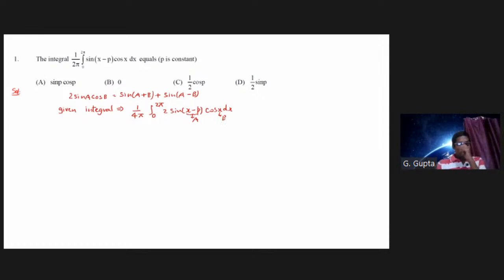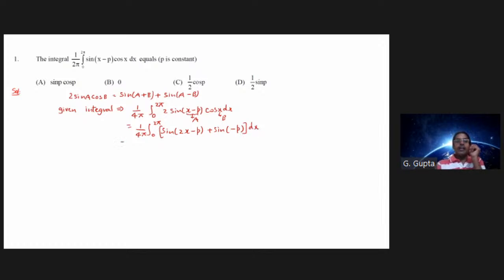So 1 by 4 pi integral 0 to 2 pi, 2 sin A cos B is sin A plus B, that is sin of 2x minus p, plus sin A minus B, that is sin of x minus p minus x, the x cancels, minus p. Both terms are integrated with respect to x.